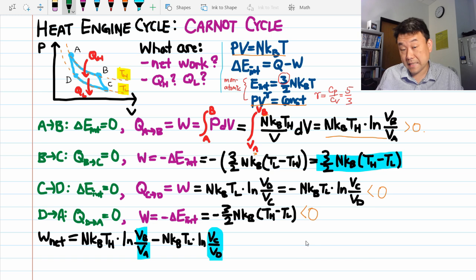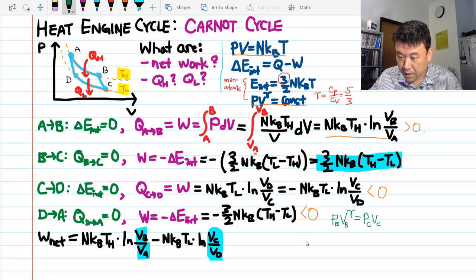So the point C is related to point B by an adiabatic process. So that means this relationship holds: PB VB raised to gamma is equal to PC VC raised to gamma. Alright, and I also need one for VD, which is connected to A by an adiabatic process. So PA VA raised to gamma is equal to PD VD raised to gamma.